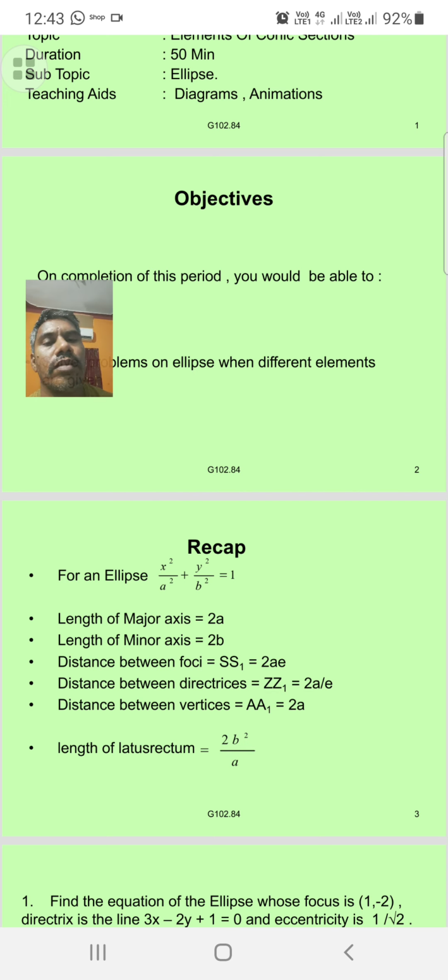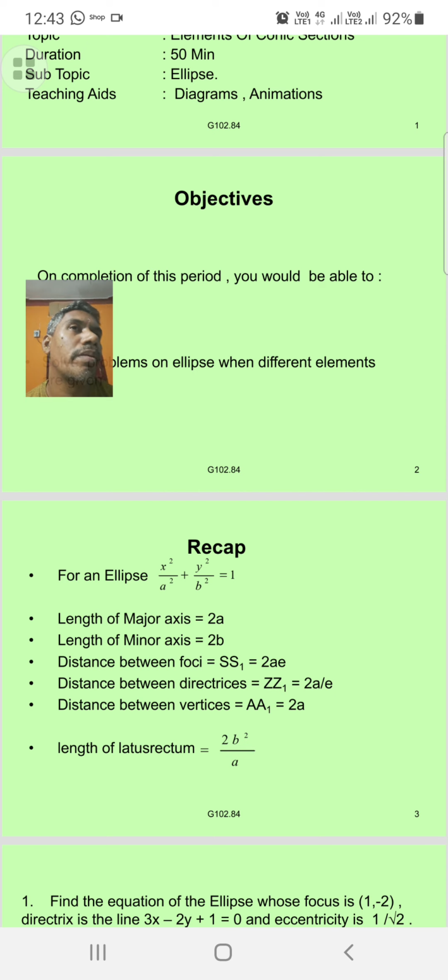So sometimes you have to understand the data and think which form is suitable. Sometimes based on the data you can imagine the diagram, and then you can clearly know which formula to take for the elements or equation we need.